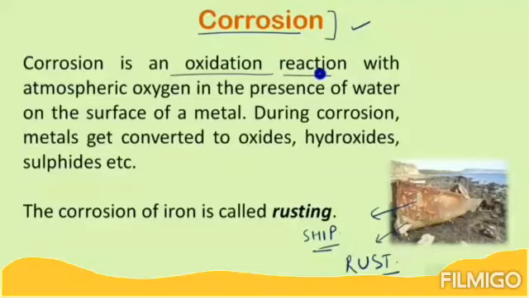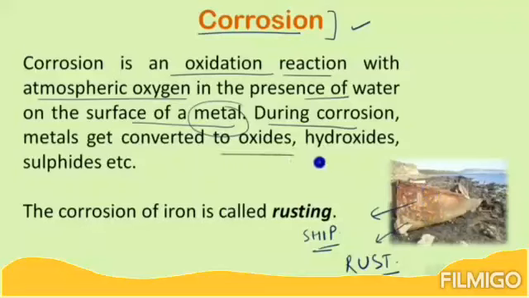It is an oxidation reaction with atmospheric oxygen in the presence of water on the surface of a metal. Again, it is an oxidation reaction with atmospheric oxygen in the presence of water.